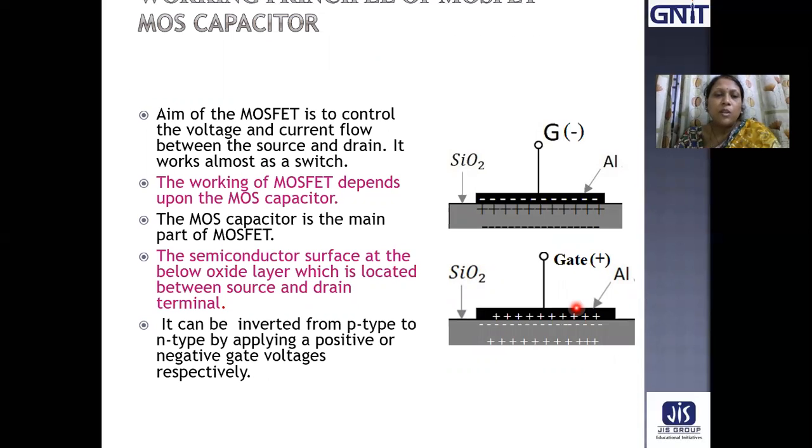So the MOS capacitor is the main part of the MOSFET, as already discussed. A new schematic has been presented here.